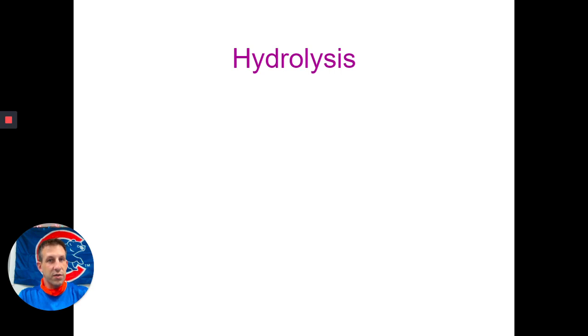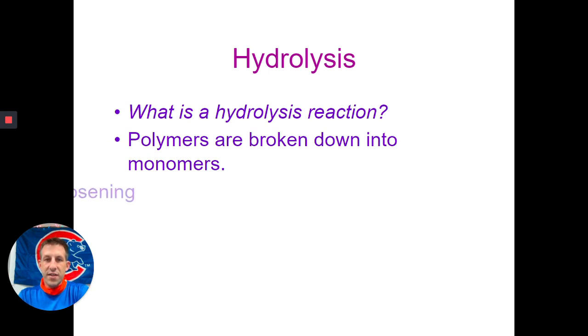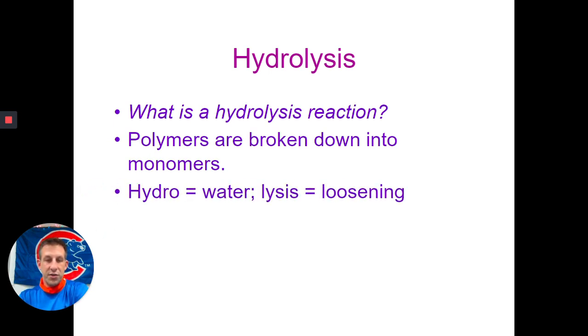We just talked about the half of the picture that gets us to build these bigger molecules in our own bodies. Okay, let's talk about what hydrolysis is. Hydrolysis is one where polymers are broken down into monomers. And again, we can get some meaning of this word.